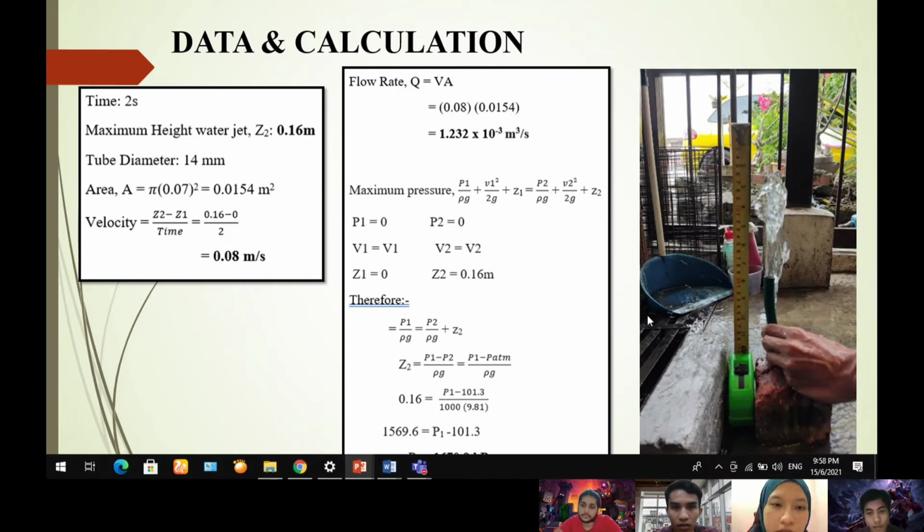The area of the tube is 0.0154 meter square. The velocity of the water is 0.08 meter per second. The flow rate of the water is 1.232 times 10 to the power of negative 3 meter cube per second.